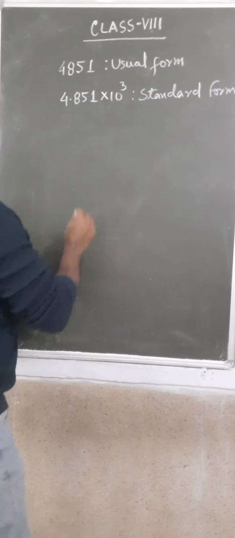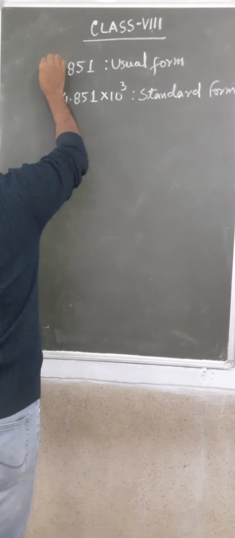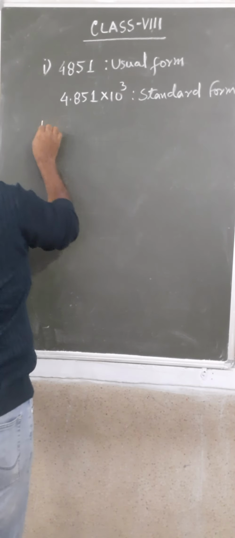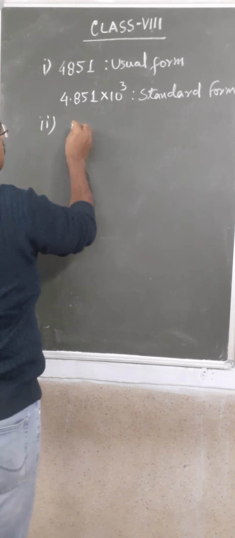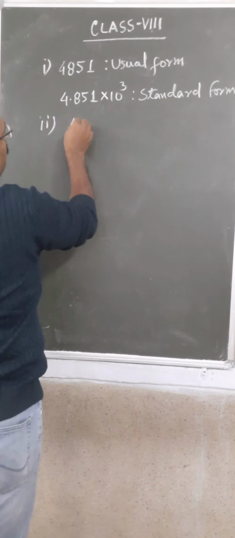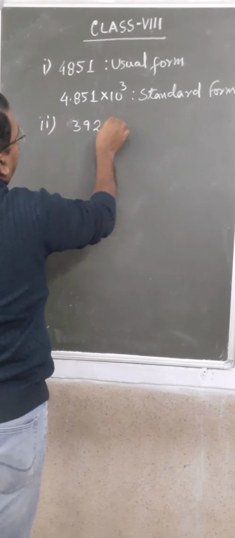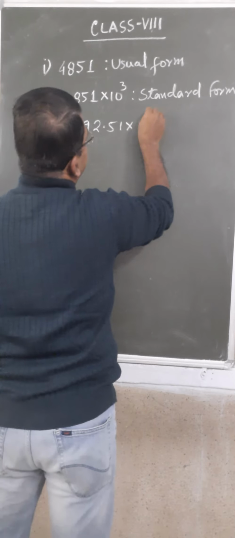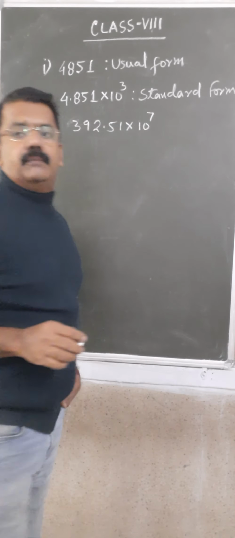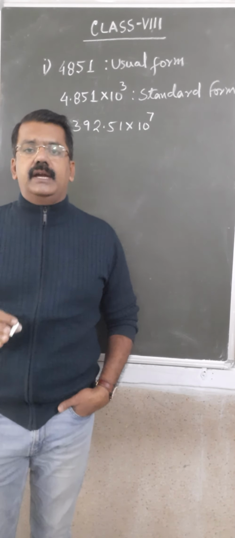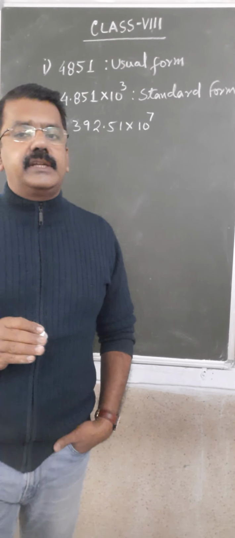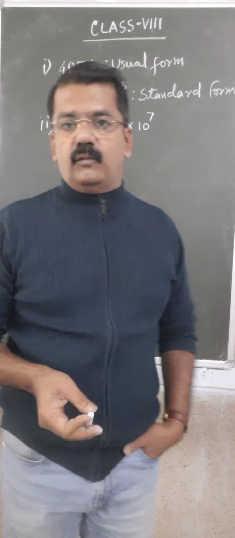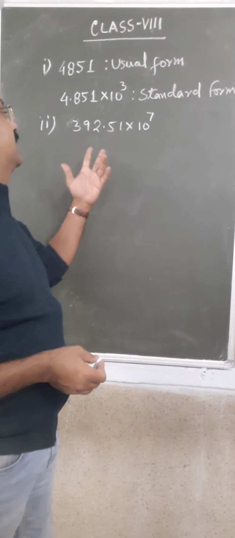Now, one more example. Suppose there is a number 432.51 into 10 to the power 7. Now you see this number is again not in standard form. This is in usual form. Why is it not in the standard form?